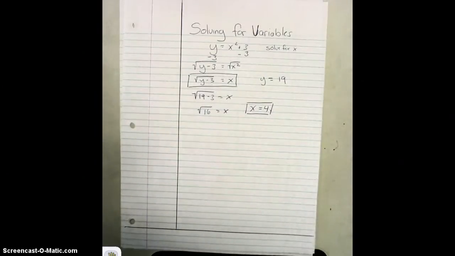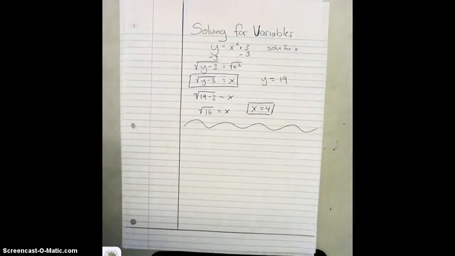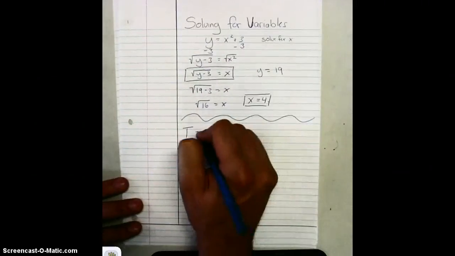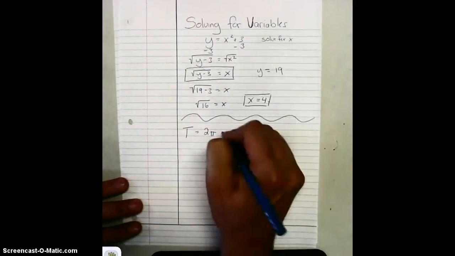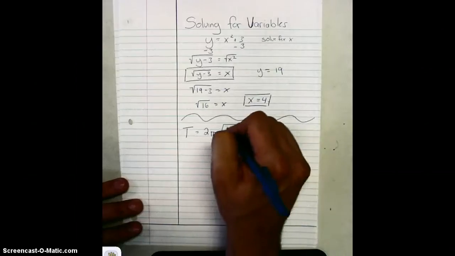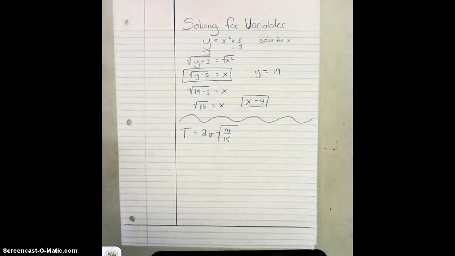So let's take a couple examples of how this looks in physics. Let's look at a regular equation that we are going to use: T equals 2 pi square root of m over k. This is a formula that we are going to use.